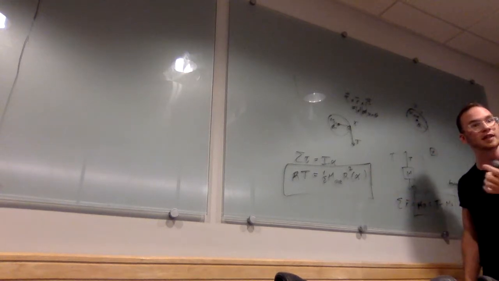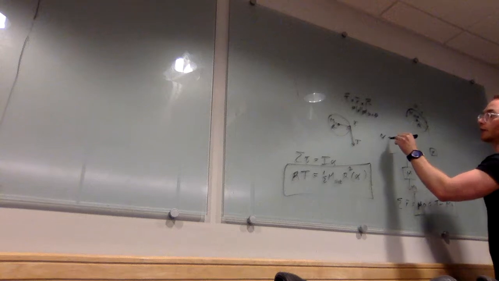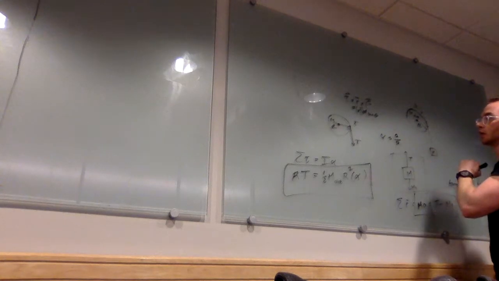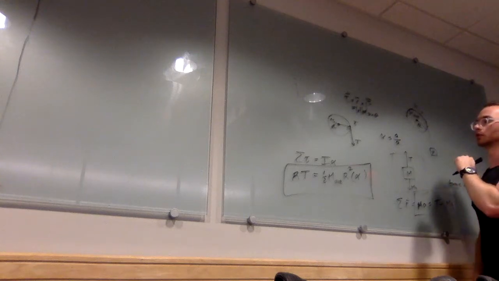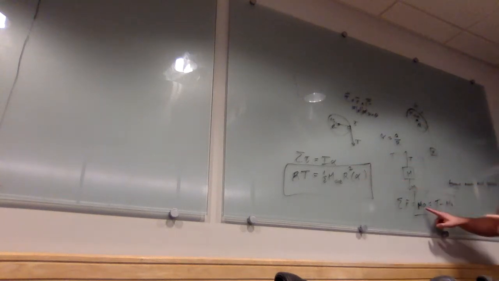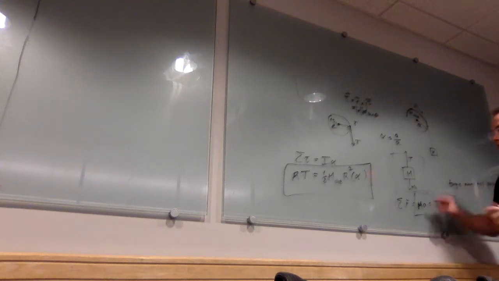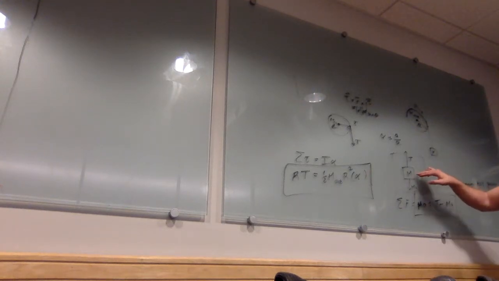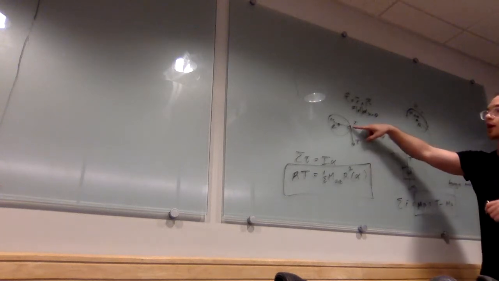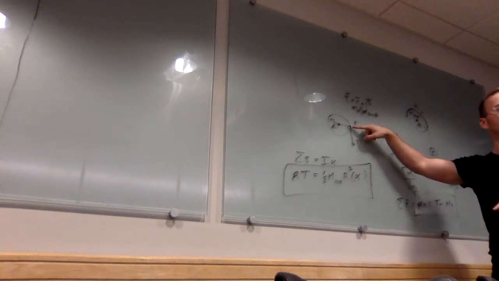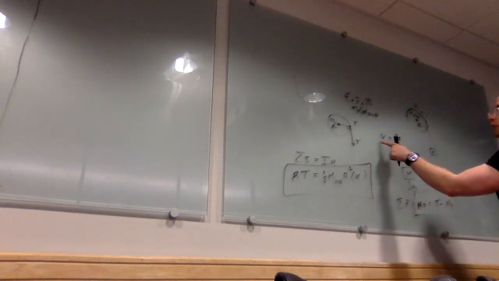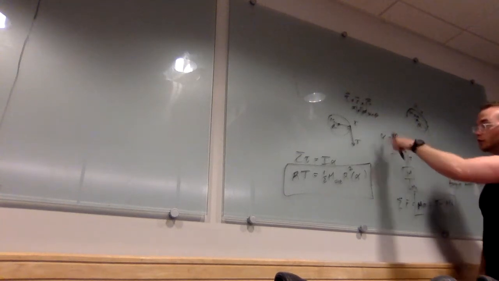And so we could do the same exact thing we did before, where we know that alpha is a over R. That's the definition of angular acceleration, but the statement is basically that the linear acceleration of the block, because it's connected by a rope, must be the tangential acceleration, and tangential is related to angular by this equation.